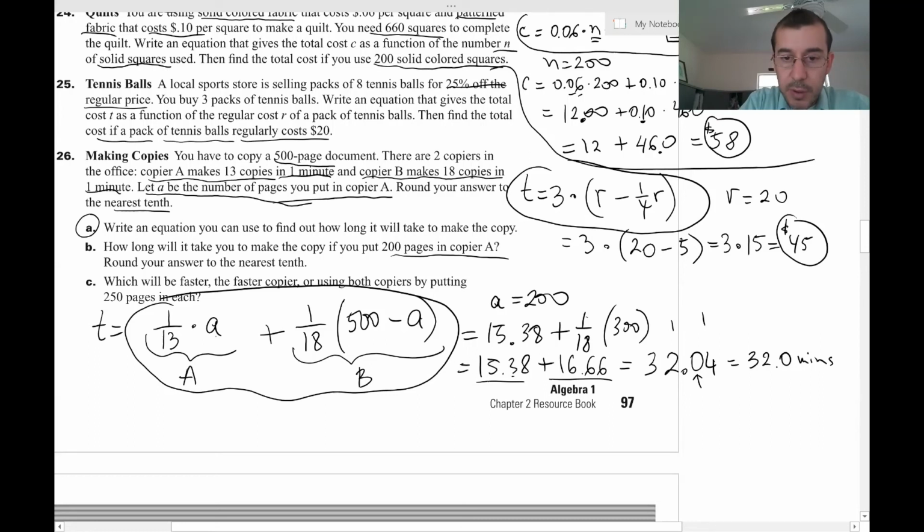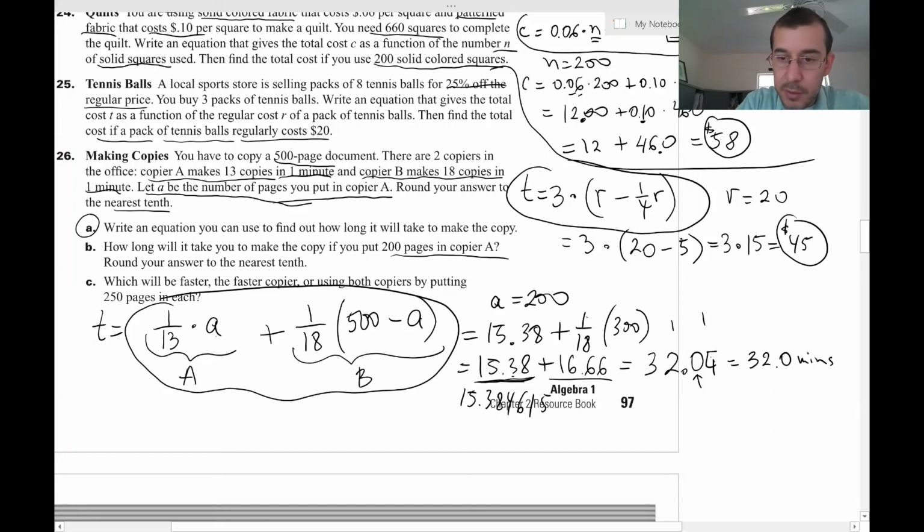Now, if we used the full number here, let's use the full number there. So we have A is 200, so 200 divided by 13. This is 15.384615, and then here we have 16.666666. So if we add these two numbers, we have 32.05.